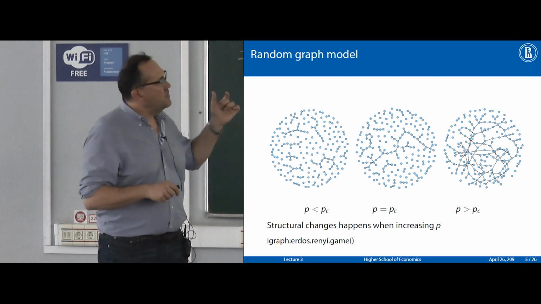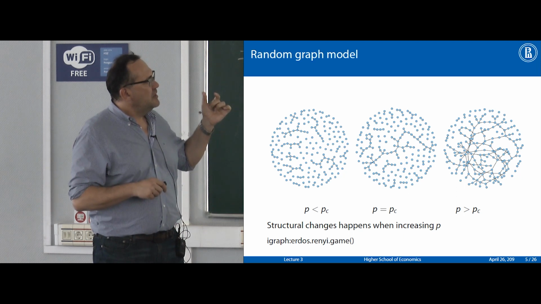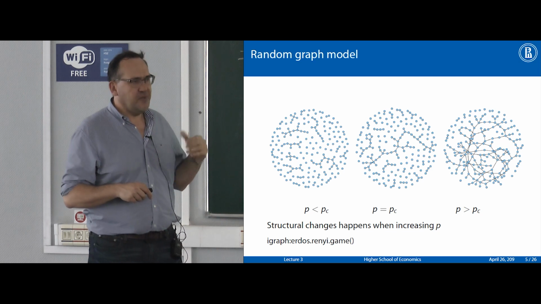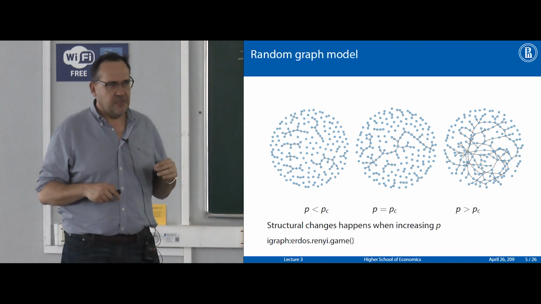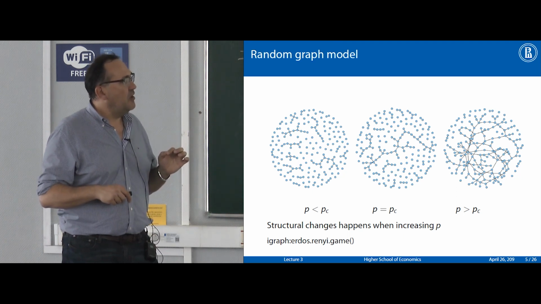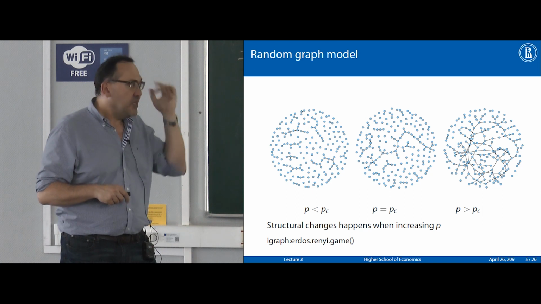So the graph goes from being disconnected, when you construct it, to becoming almost fully connected. And that happens very, very fast, at some critical value of this probability.